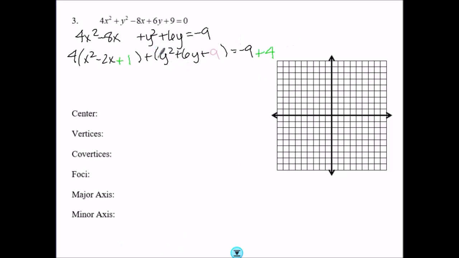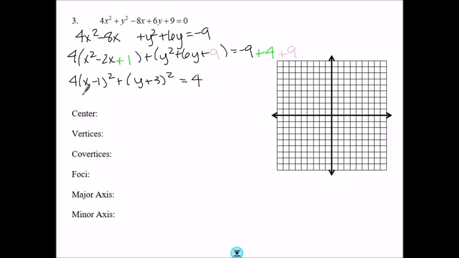For the y's, there was no common factor, so we can just add 9. Then we need to factor. And since we need it to equal 1, we need to divide everything by 4.